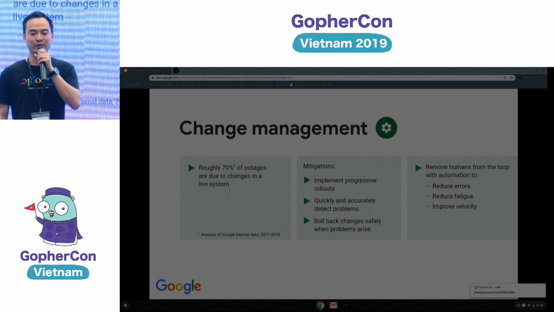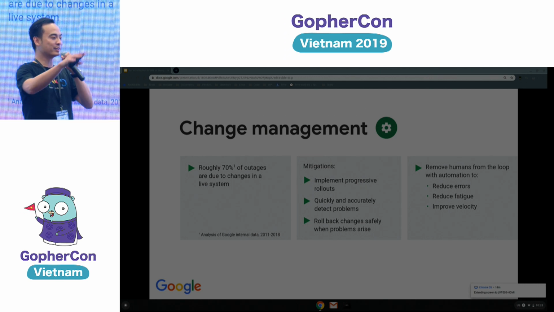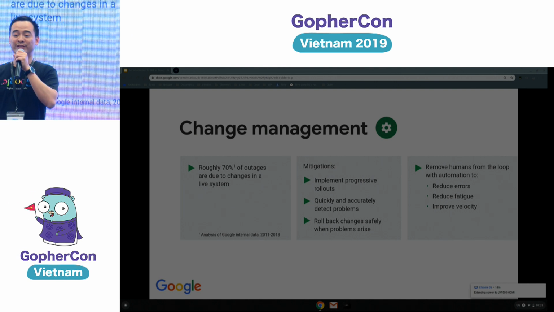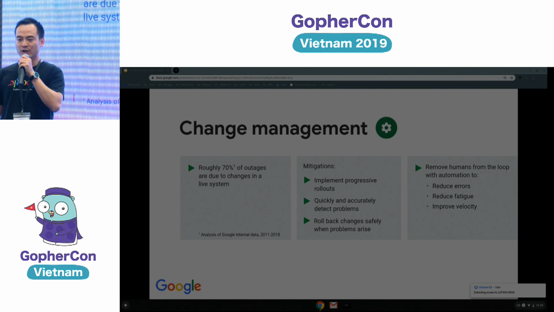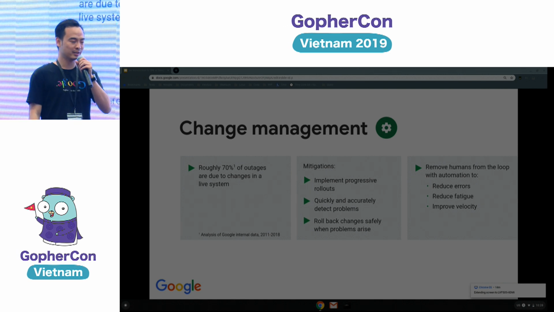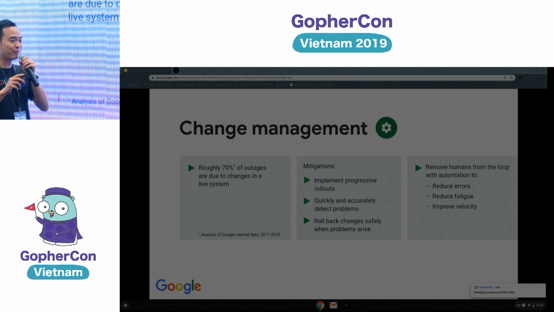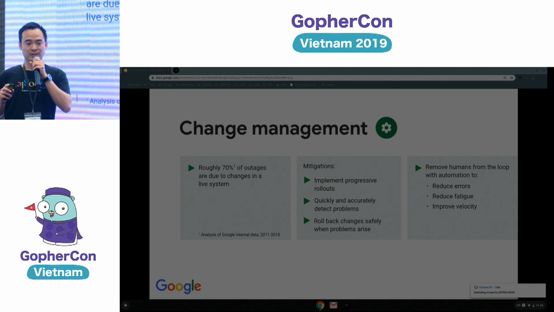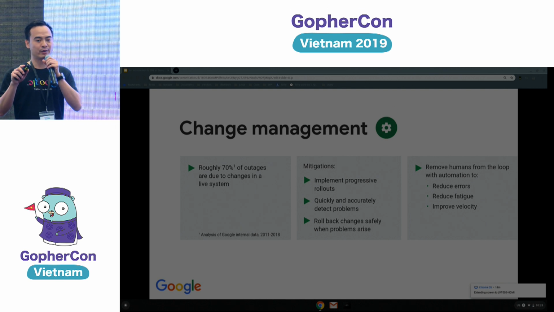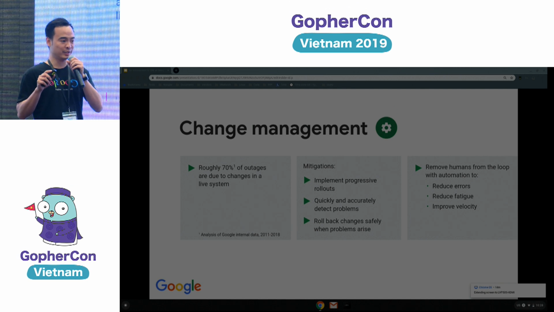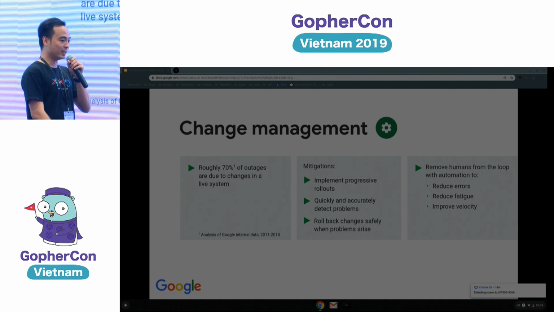It's a very shocking number, right? Whenever you release a feature, a bug may be introduced, some weird behavior may be introduced, or some regression bug comes back. So with roughly 70% of outages, you need to have very good change management to avoid that.